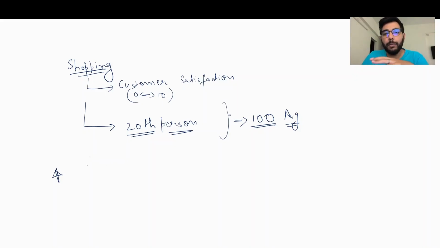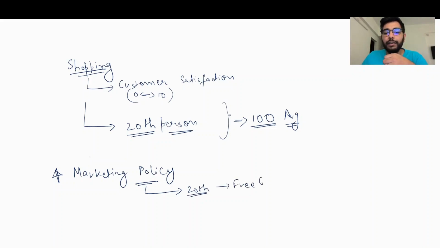Now what happened is, since I had opened a new store, I had a marketing policy that every 20th person that walks out of my store will get a free gift coupon, because it will help me market my new complex, because every 20th person will go out and say these are new people in town and they are giving free gift coupons, go and shop in that complex.